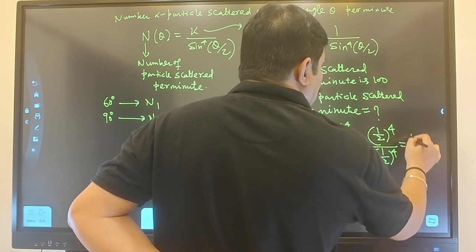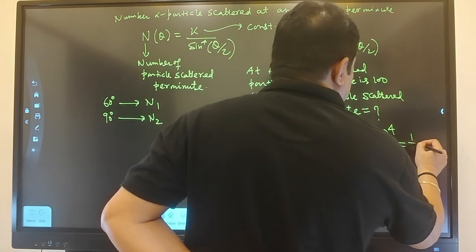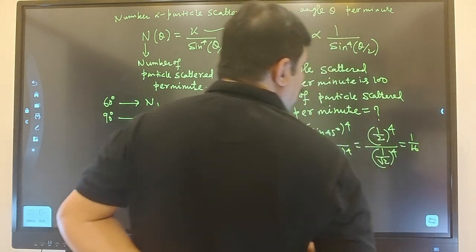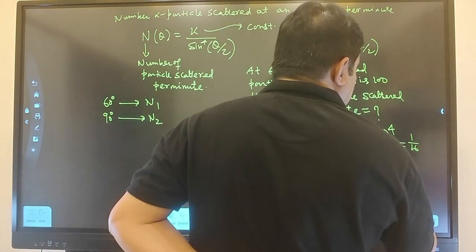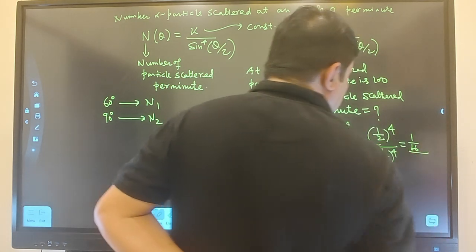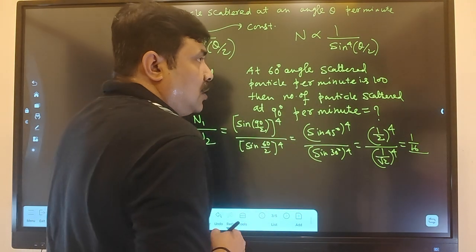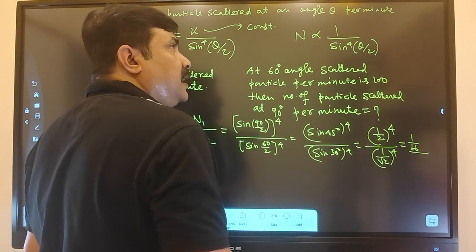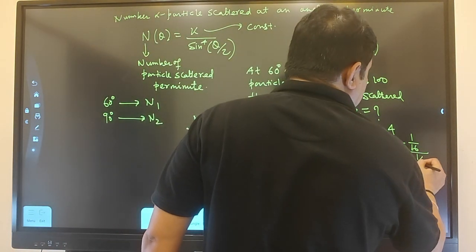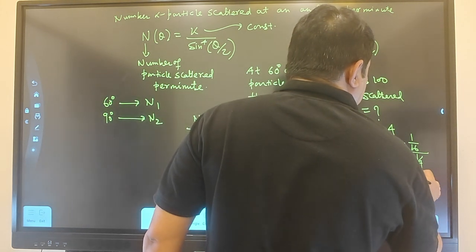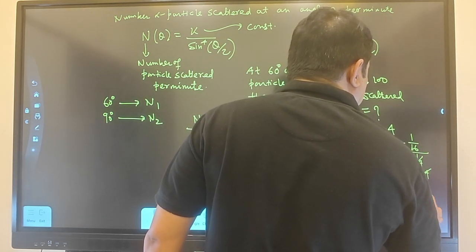Then this will be 1 by 2 into 2 is 4, 4 into 2 is 8, 8 into 2 is 16, 1 by 16. Then 1 by root 2 to the power 4: root 2 into root 2 is 2, again root 2 into root 2 is 2, 2 into 2 is 4. So this is nothing but 1 by 4. Then we are getting 1 by 16 into 4, which is nothing but 1 by 4.